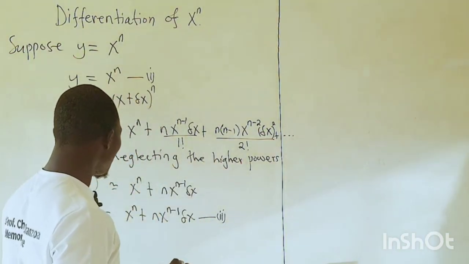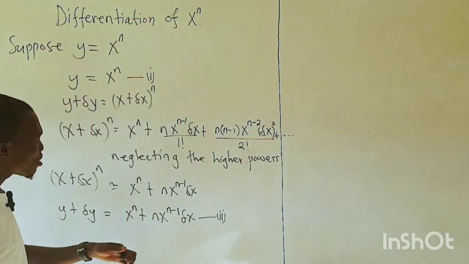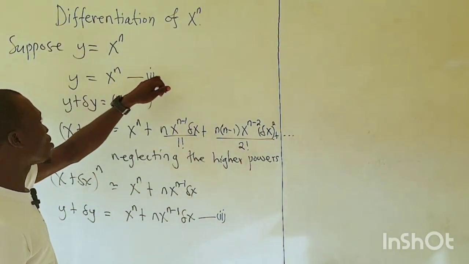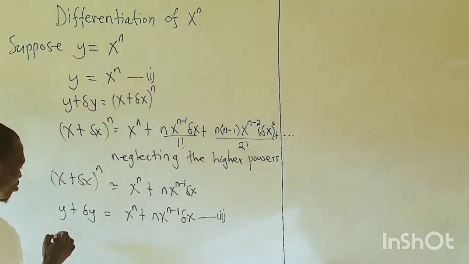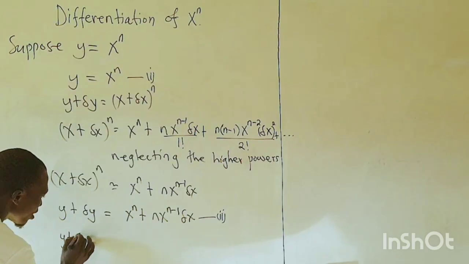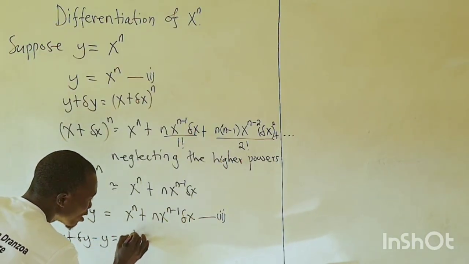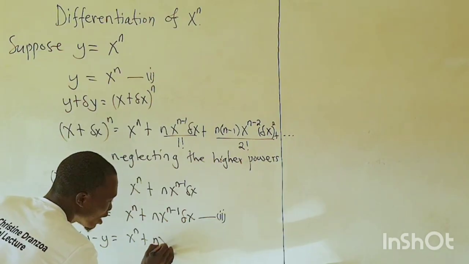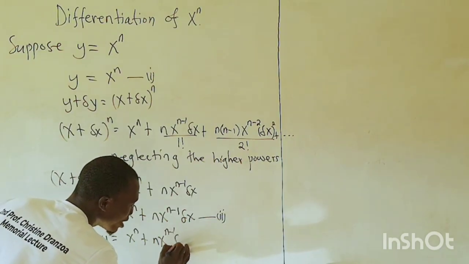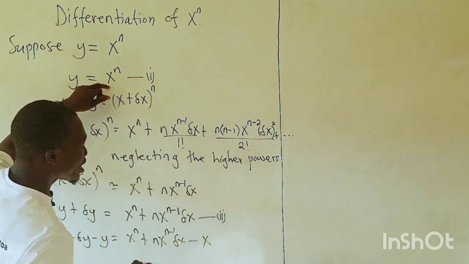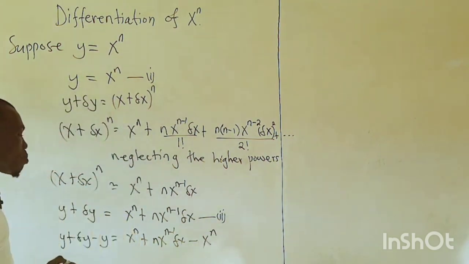From there, we shall pick equation 2, then we subtract equation 1 from it. So we shall have y plus delta y minus y is equal to x^n plus n x^(n-1) delta x, then we subtract x power n.